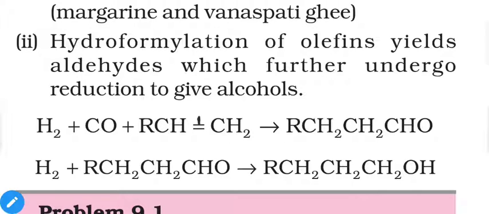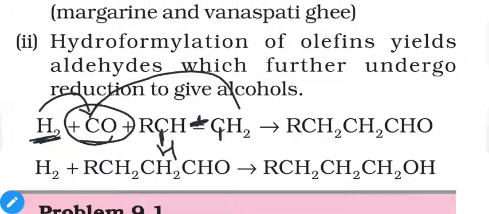If this double bond breaks, it creates two vacancies, one at the first carbon, one at the second carbon. So hydrogen will split. One of the hydrogen atoms will combine with this carbon, the second hydrogen will combine with CO, and then the whole CO will combine with the second carbon's vacancy, and you will get this product.